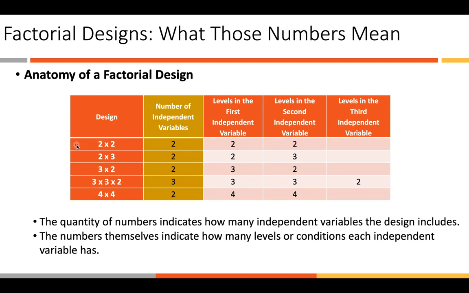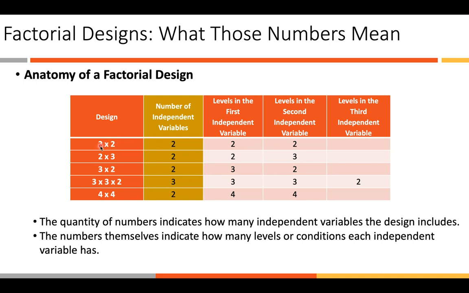So the example we just had of cell phones and age would be considered a 2 by 2 factorial design. Here, the fact that there are two numbers means that I have two independent variables. I have my first IV, which was cell phone use, and I have my second IV, which was age.